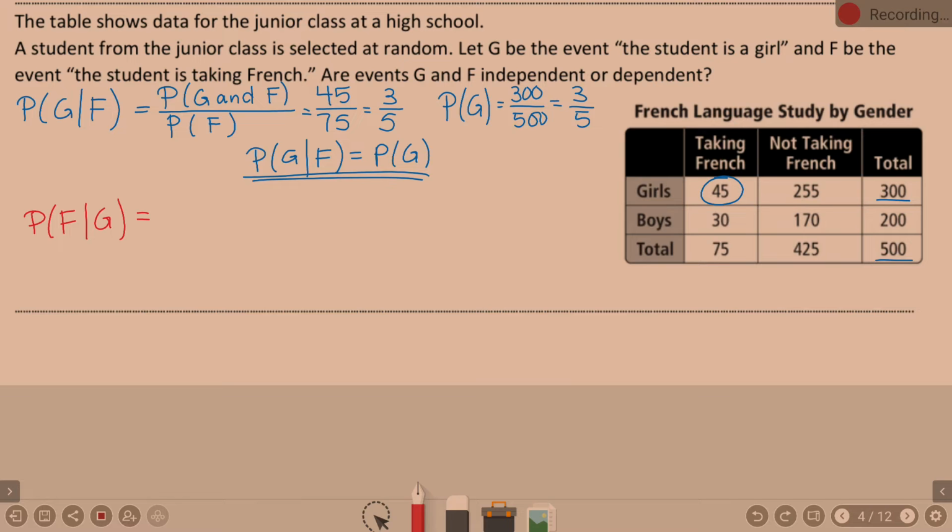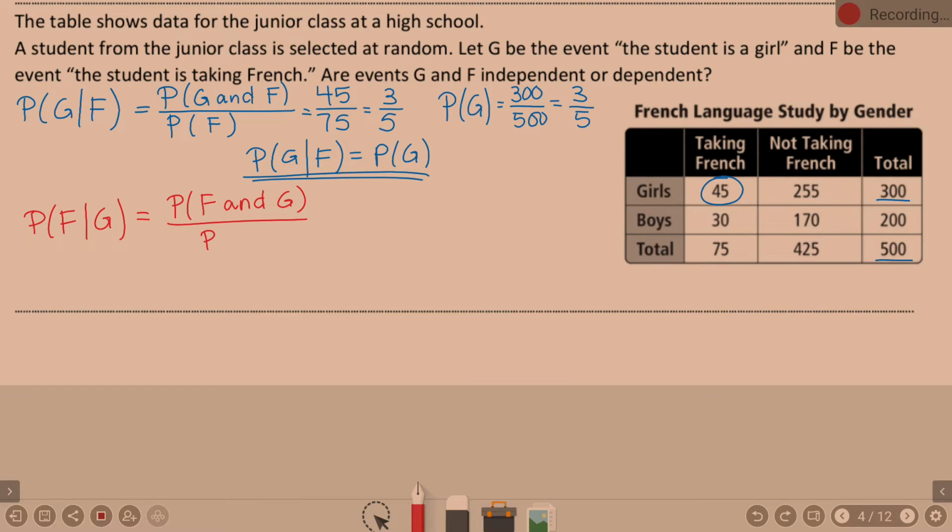So the numerator is still going to be both: girls that are also in French, or in other words, students that are in French and girls, divided by the probability that they're a girl.